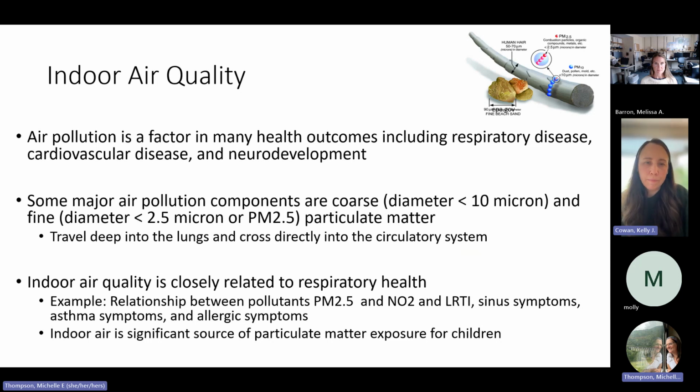Their outdoor time is fairly minimal, especially the younger they are. So the indoor air is a significant source of the particulate matter for them. It's not just outside. We think about particulate matter, these last couple of years been more aware of that with forest fires, smoke in the air, but people are exposed to this all the time at lower levels in the home, and there's not a safe level of exposure.